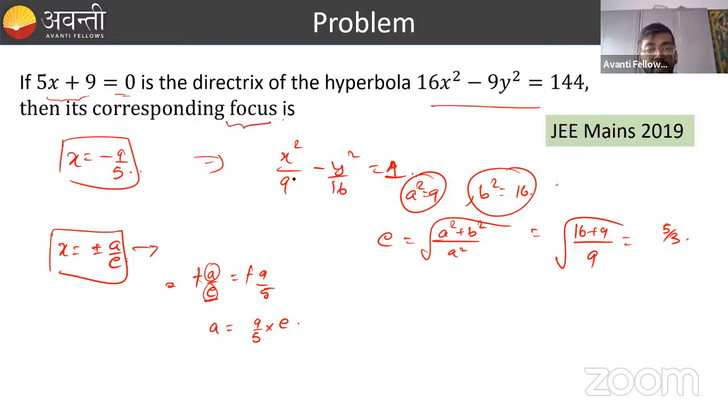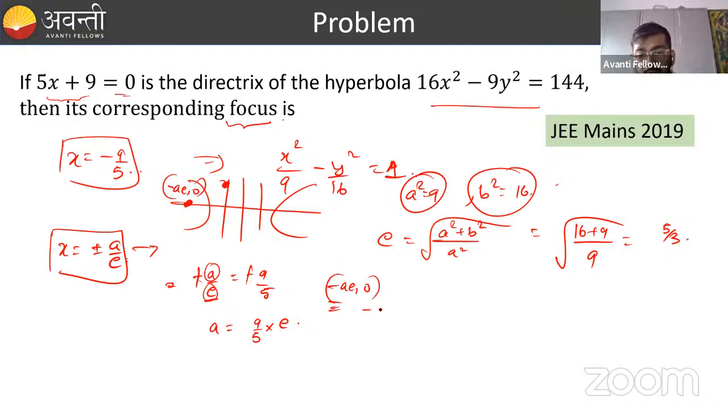Oh, we can already find the corresponding focus. First of all, we know that this is the hyperbola, and this is the directrix over here. Since the directrix given has negative x, the focus will be minus a comma 0. So minus a comma 0 will be equal to minus of a, which is given by 3 into 5 by 3.